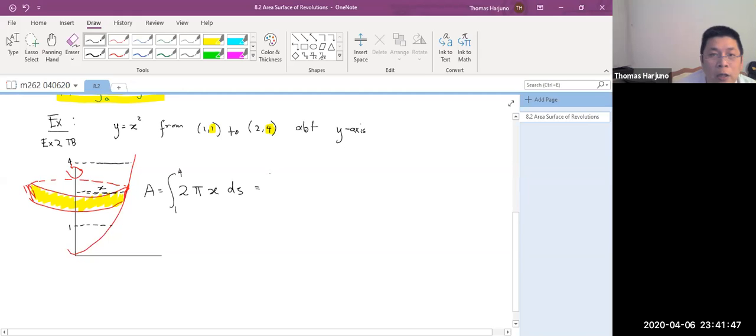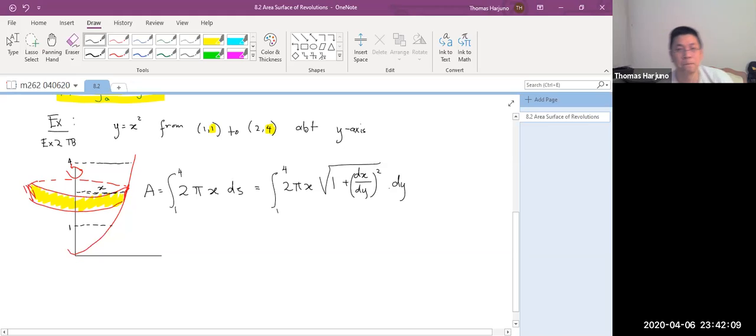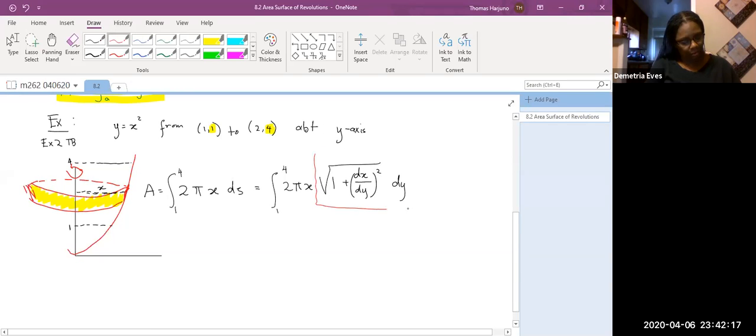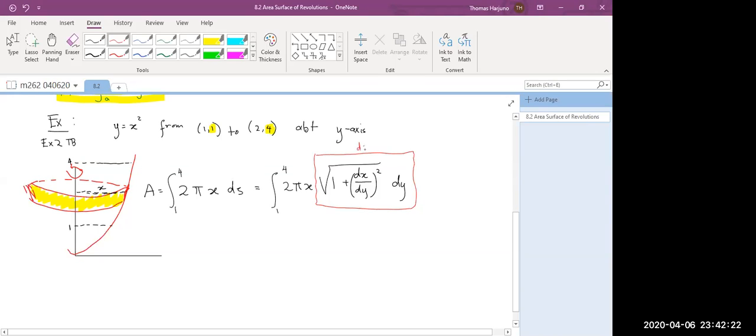Now then, this will be the integral from 1 to 4 of 2 pi x times the square root of 1 plus (dx/dy) squared dy. That's if we want to do it that way. This is my ds.